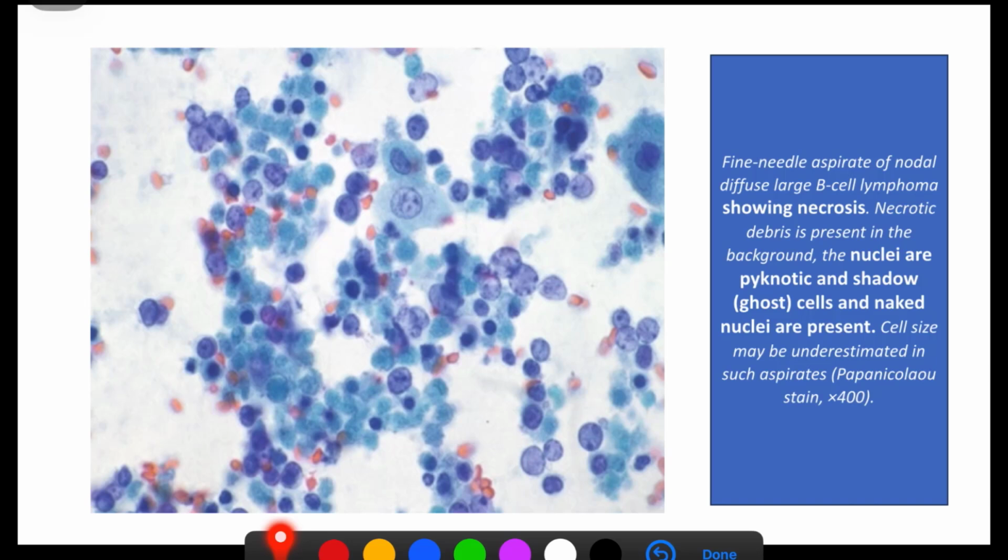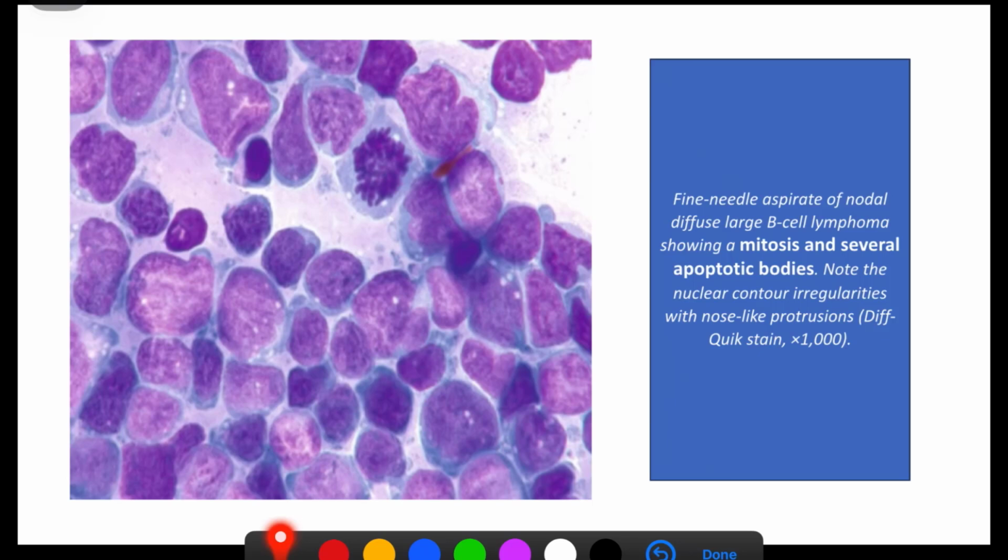Here again, the background shows necrosis, and some necrotic debris is present. Some of the cells show pyknotic nuclei, and some naked nuclei are also seen. But we can appreciate the large size on the basis of comparison with these small lymphocytic cells.